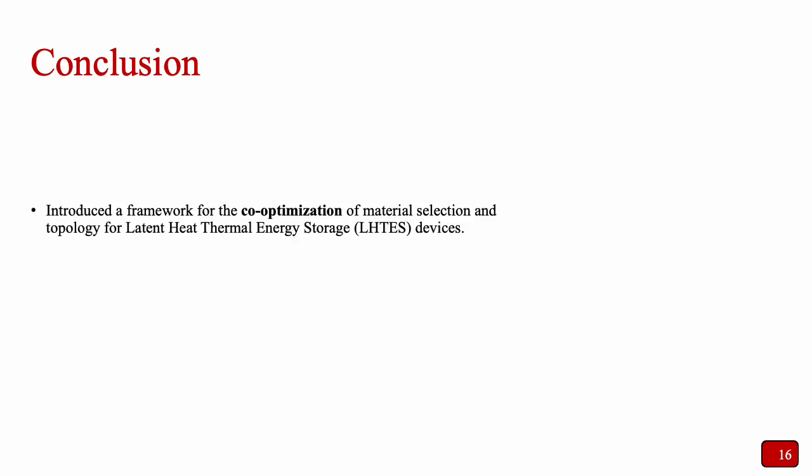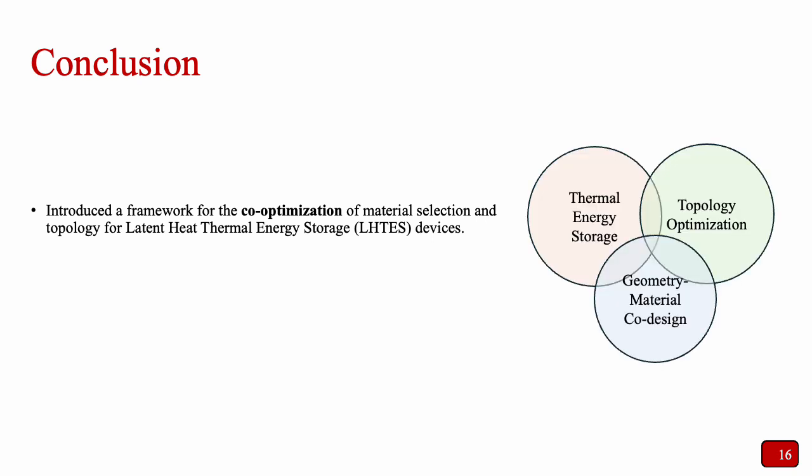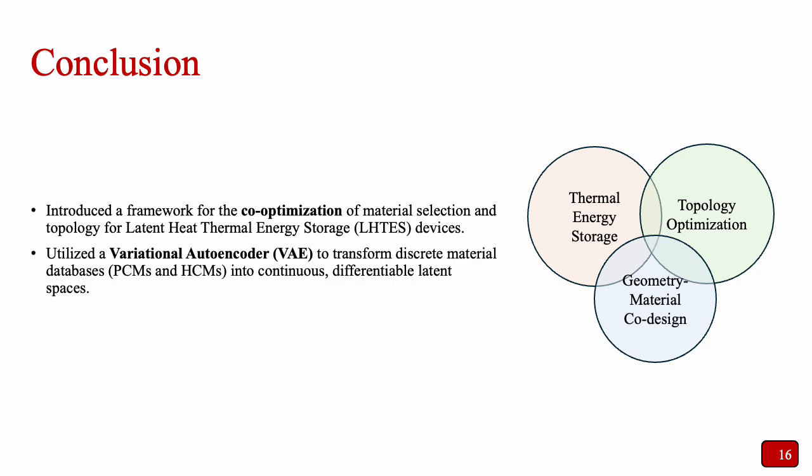In conclusion, we introduce a framework for the co-optimization of material selection and topology for latent heat thermal energy storage devices. A key contribution is the use of variational autoencoders to map discrete material databases for both PCMs and HCMs into continuous and differentiable latent spaces.